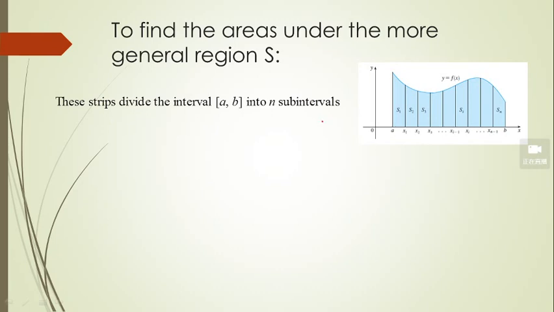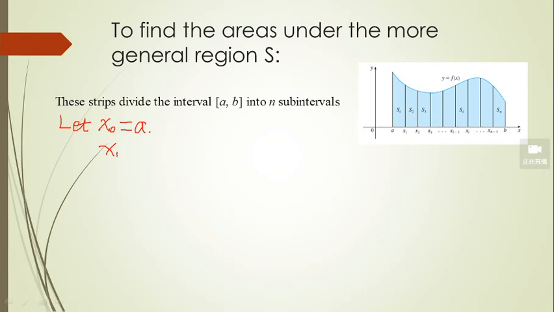These strips divide the interval from a to b into a first interval, a second interval, and so on. I'm going to mark those points. Let x0 equal a. So how can we calculate x1?